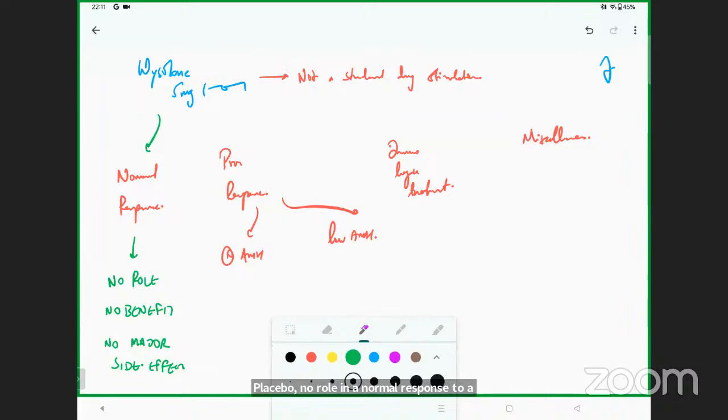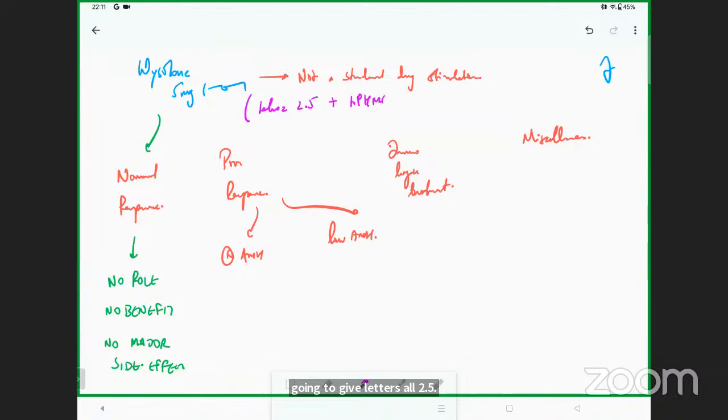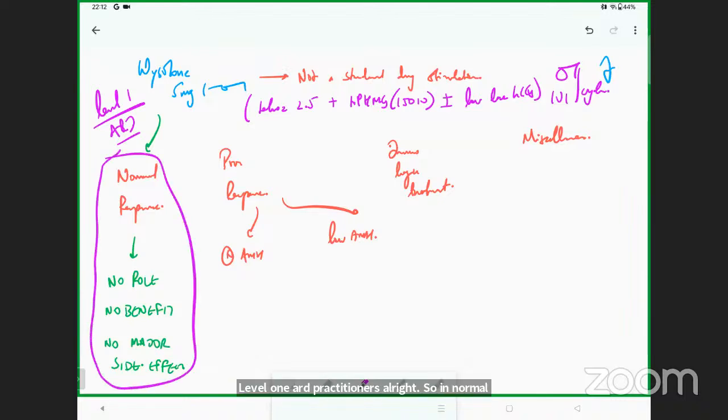So when I talk of a natural cycle stimulation, basically we are looking at a patient in whom we are going to give letrozole 2.5 along with any form of HP-HMG in a standard dose of 150 international units plus minus low dose HCG. These are your standard stimulation protocols, and majority of the patients are going to opt for ovulation induction with timed intercourse or IUI cycles. So basically, this is something which is going to help your level 1 ART practitioners. So in normal response, you already got your answer. It is not going to give you any great benefit.